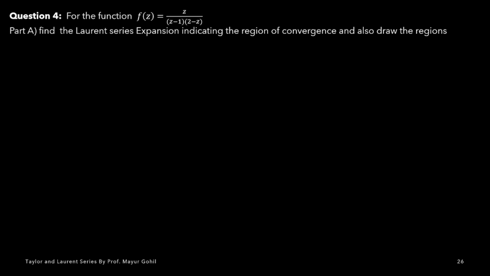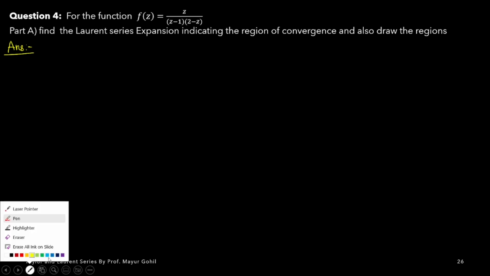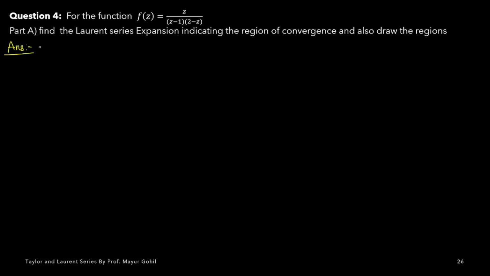That is not a big task, but let us see how to go about this kind of question where we are not given the region of convergence and we have to find it from the question. So let us see how to go about this kind of question. First thing here, our step number one in solving the question will be to go for the partial fraction.